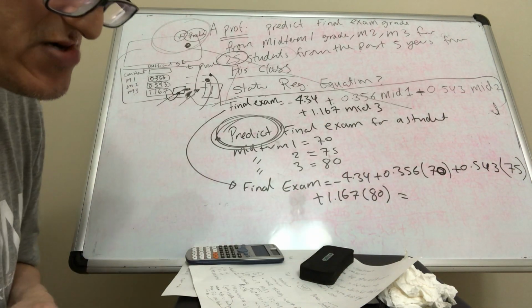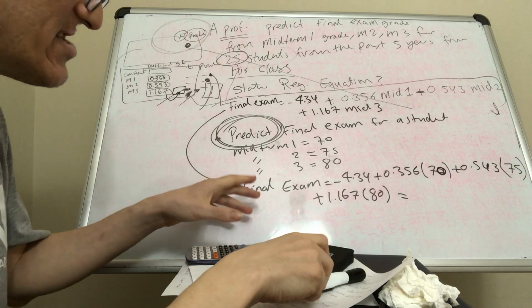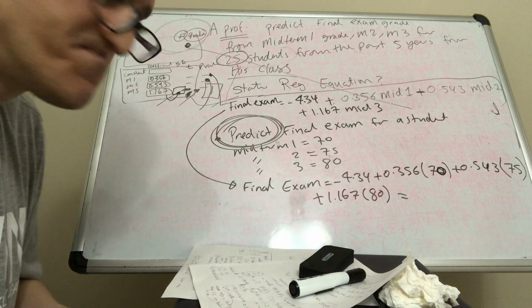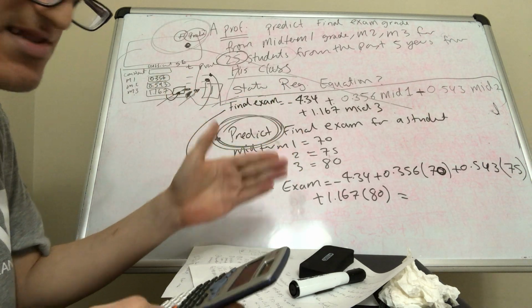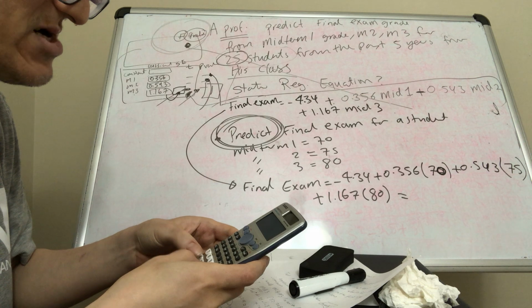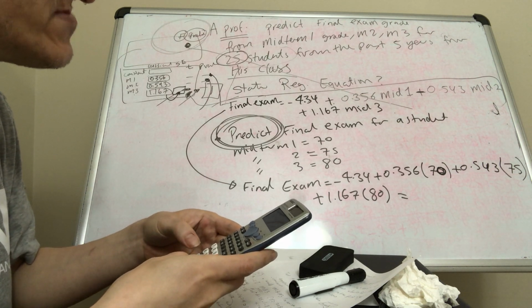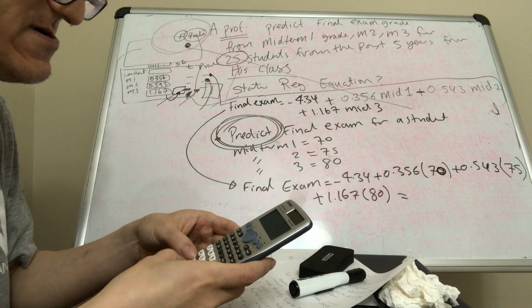They tell you at the beginning that the final exam was out of 200, so you expect the number to be a little less than 200.